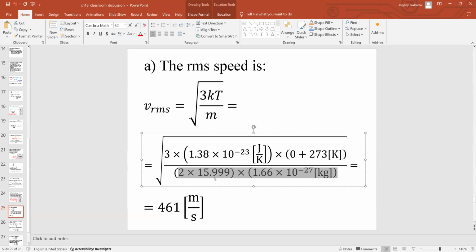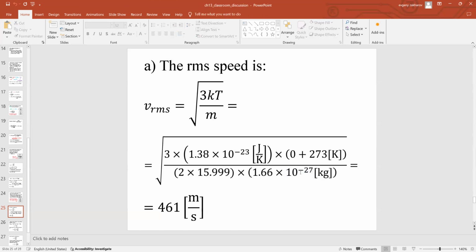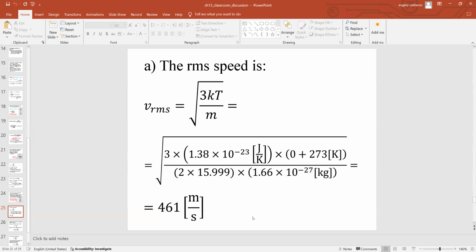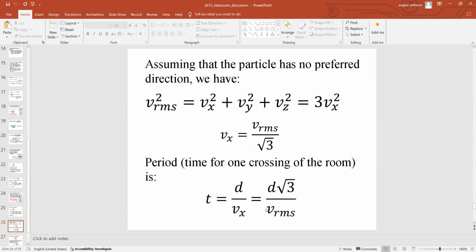So you have to do the overall conversion to kilograms. So 461 meters per second, this is your root mean square for molecules of air. Check this out. It's like 1,000 miles per hour that all the atoms of air move back and forth in your room, and you can't see any of that motion.